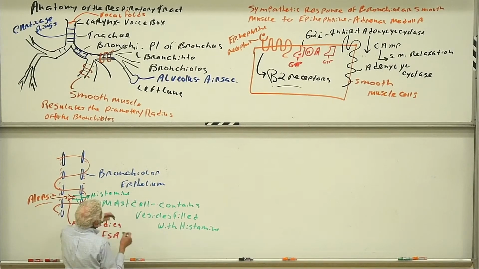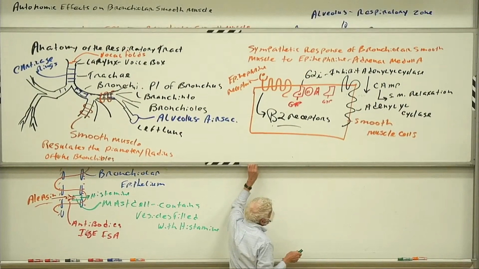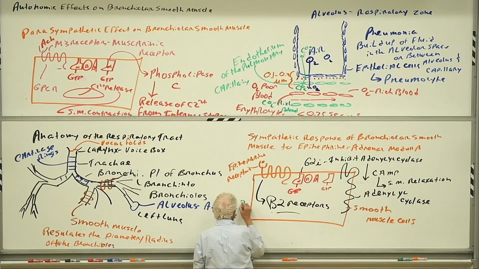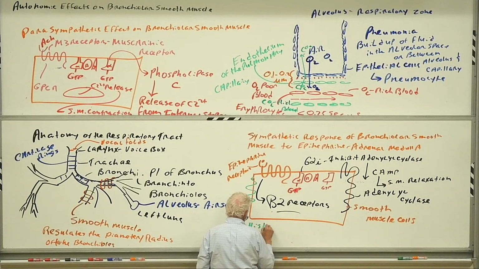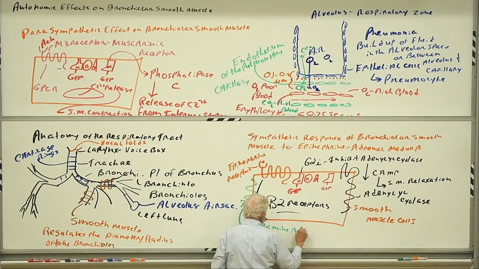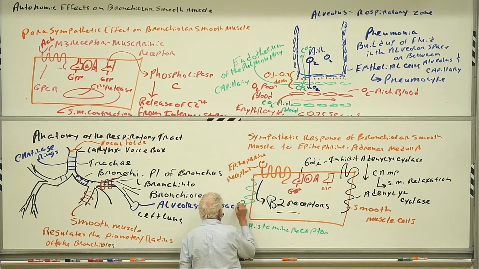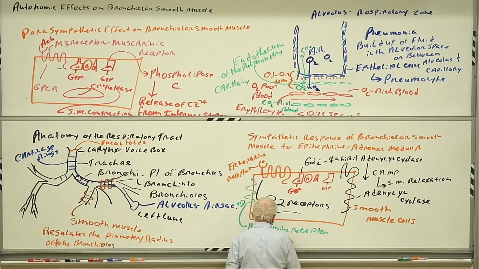In addition to the G protein coupled receptors, the beta 2s and the M3s, there's another G protein coupled receptor out here called a histamine receptor. The histamine receptor will bind histamine, and this leads to smooth muscle contraction.